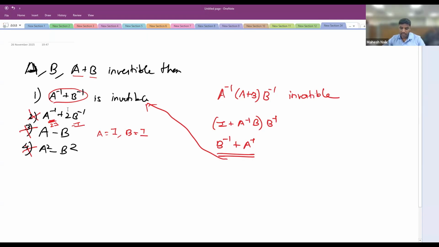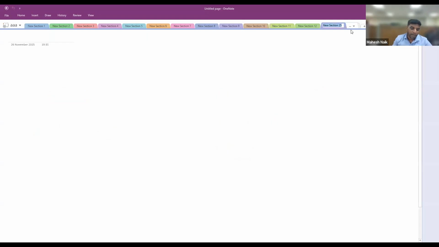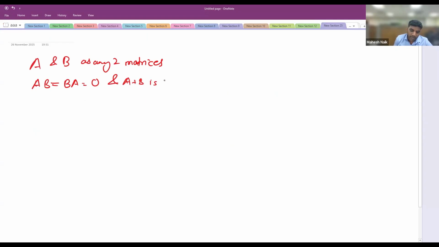Okay, one last example. Let's take A and B as any two matrices such that AB equals BA equals a null matrix and A plus B is invertible.